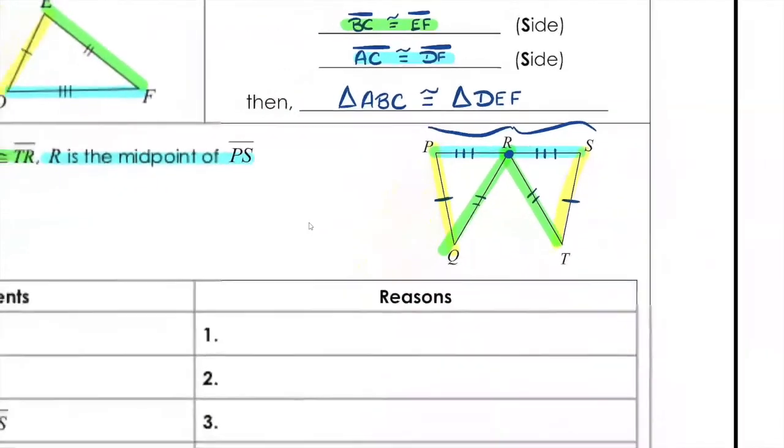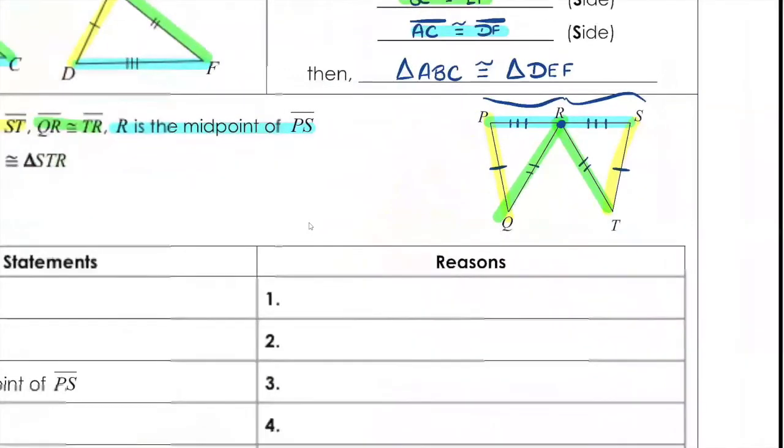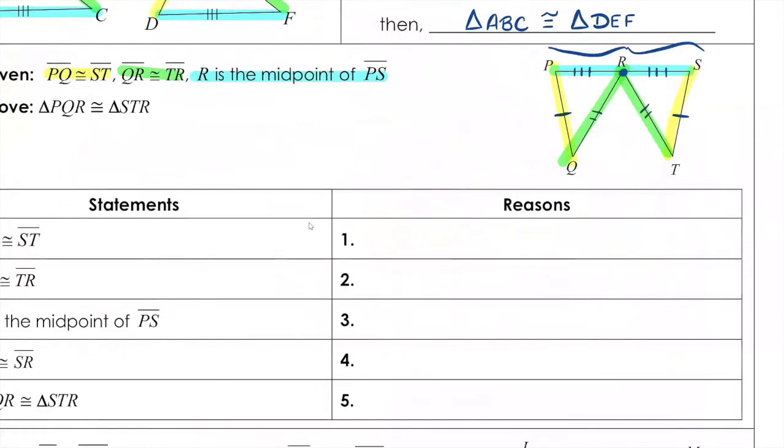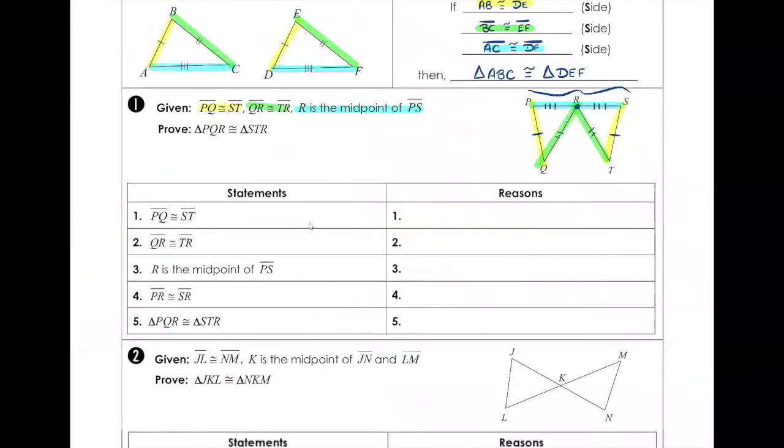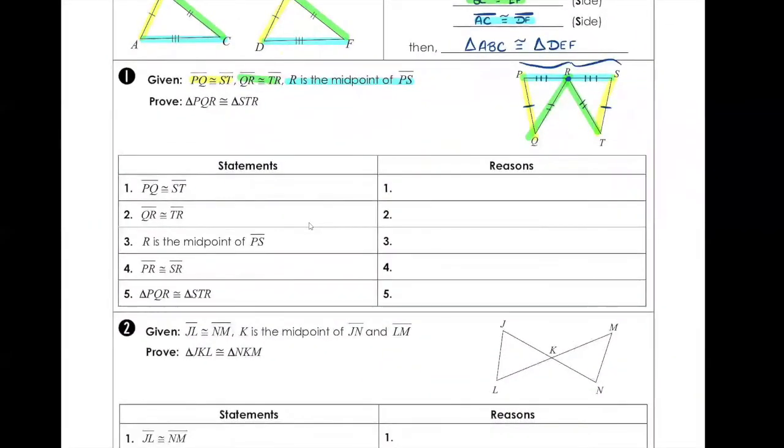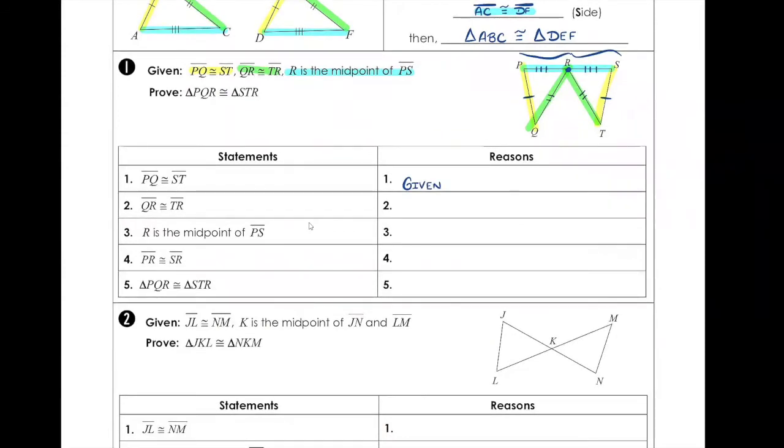So when we look at number one, PQ is congruent to ST. How do we know that? Given. QR is congruent to TR. How do we know that?